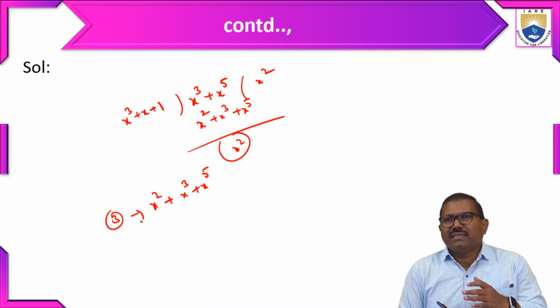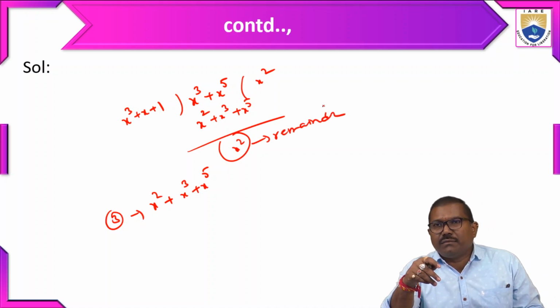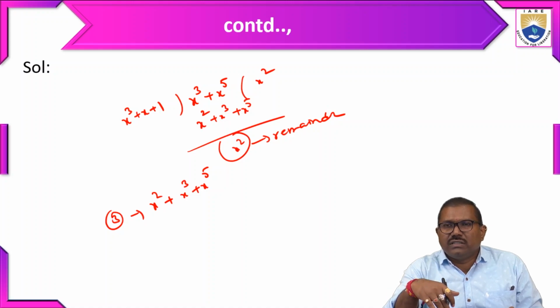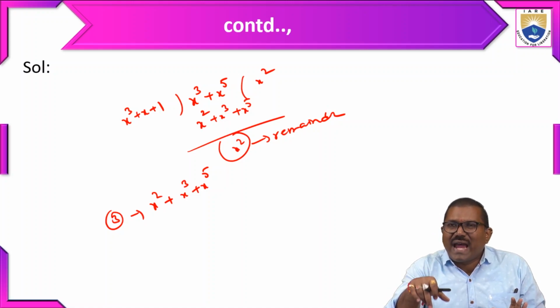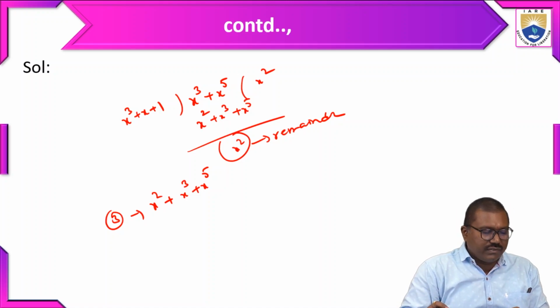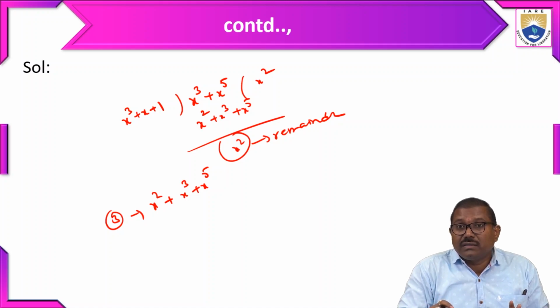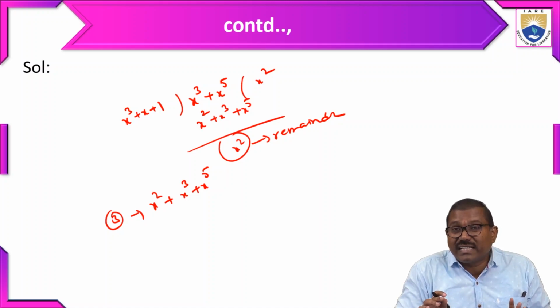Add the remainder. This is my remainder. Why? Because here the quotient and remainder are both the same, but don't confuse it in the procedure. So just add the remainder. Okay, add the remainder to this, not g of x. Add the remainder to the x power n minus k into m of x.